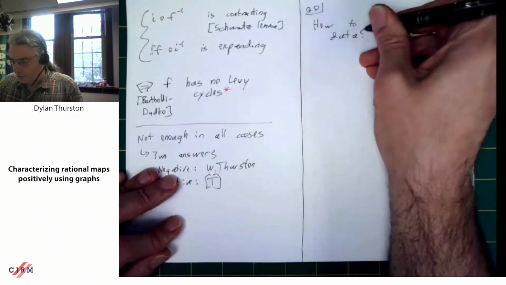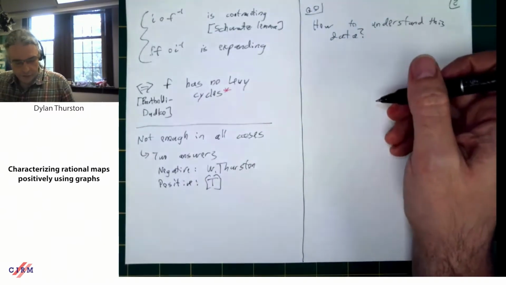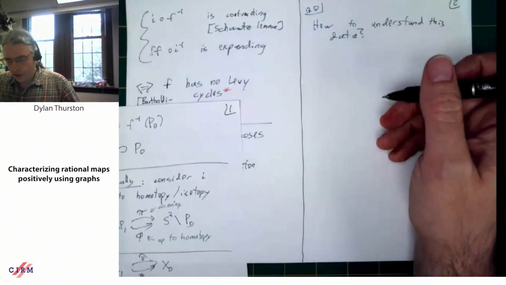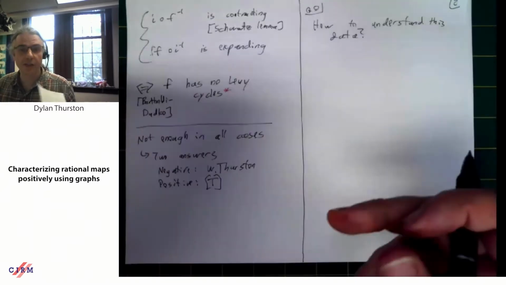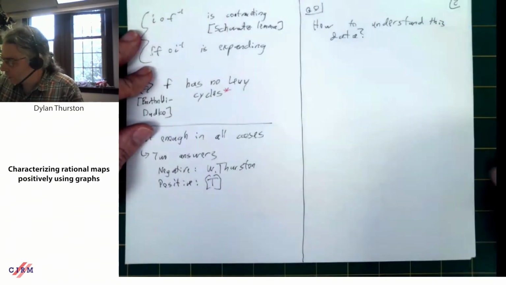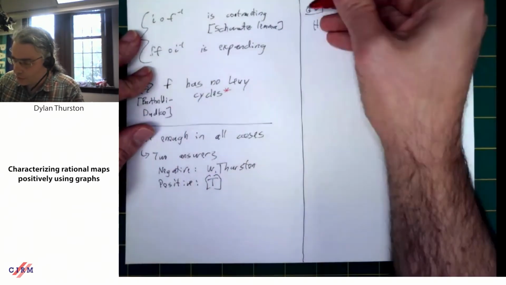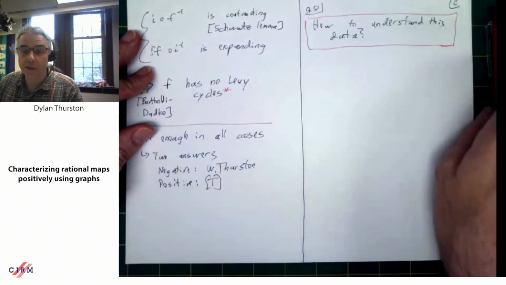How to actually draw pictures of it. And this is going to relate to the graphs that were showing up in the title and on the title slide. I'm also happy to take any questions at any point, please feel free to speak up.